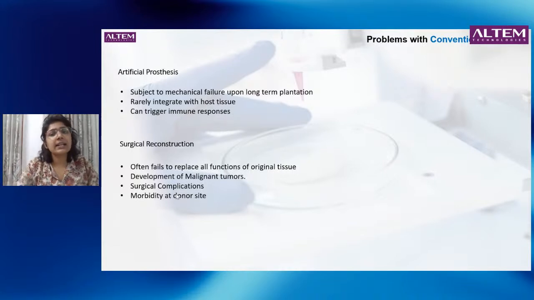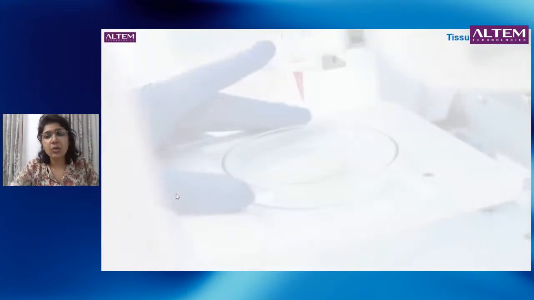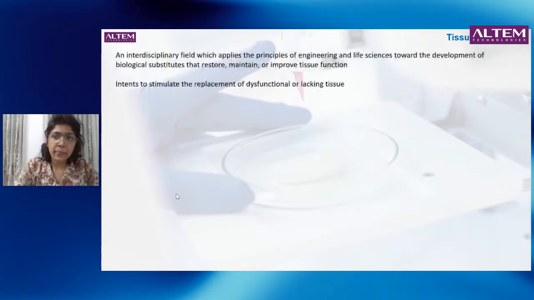So, keeping that in mind and having to create something more of a solution to this problem, rather than depending on artificial means, let's go for something more biological or natural, which is where you have the concept of tissue engineering.